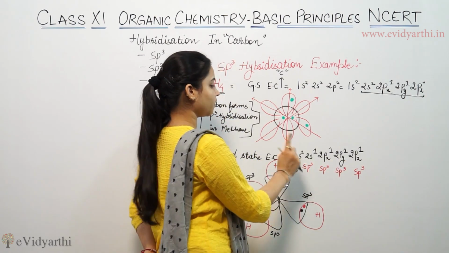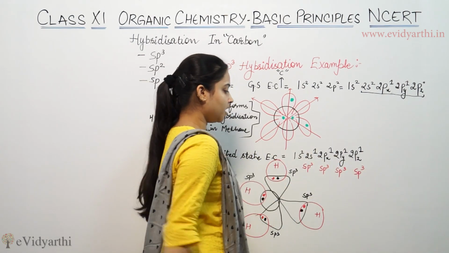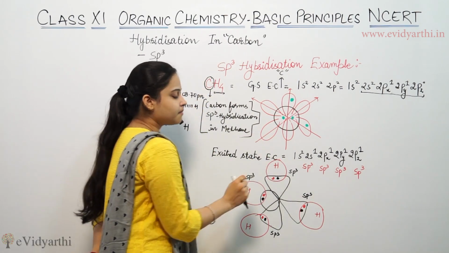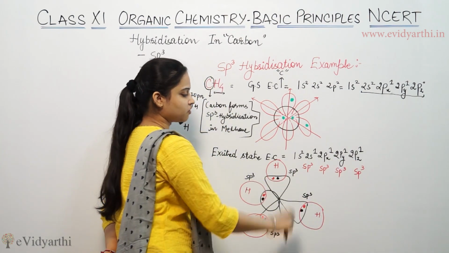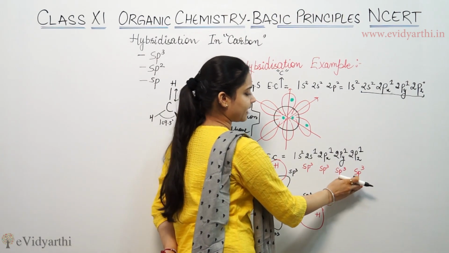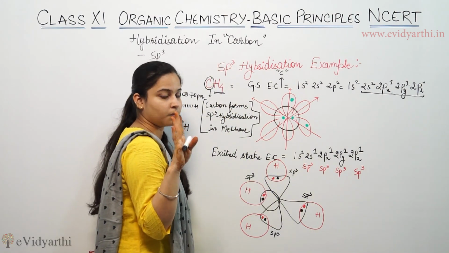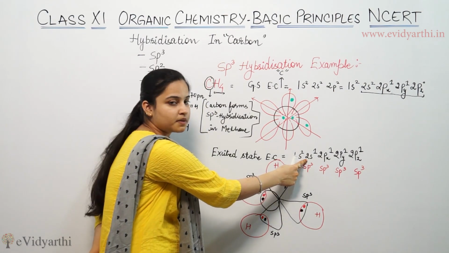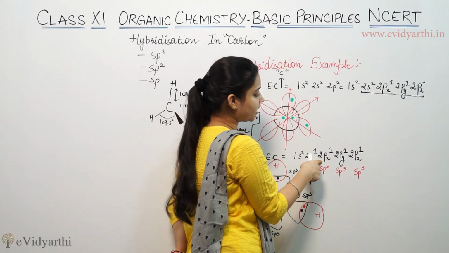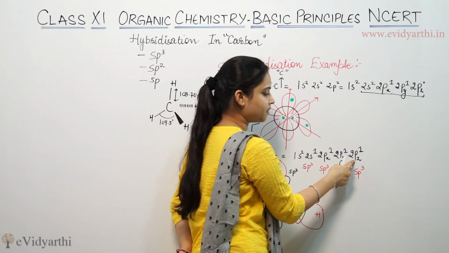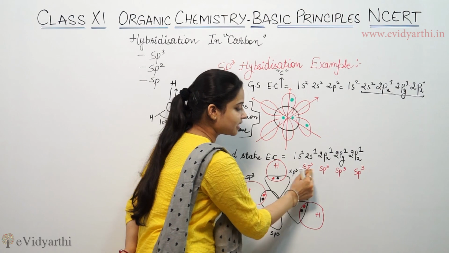What happened here is that one electron from 2s2 shifted to 2pz1. Now that the electron has been excited to the 2pz orbital, the hybridization will become sp3, because now we have four orbitals with one electron each: the s orbital, the px orbital, the py orbital and the pz orbital with one electron each. So we now have sp3 hybridization.